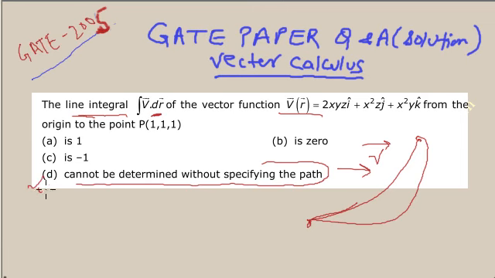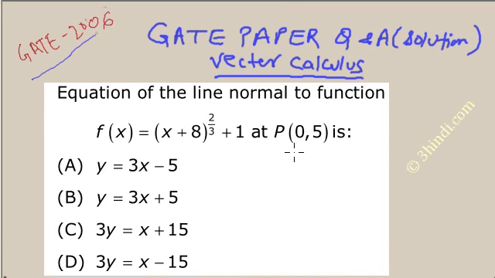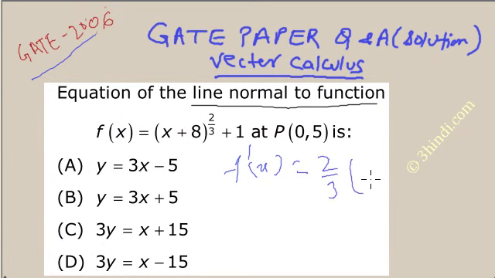So D is the correct answer. This is a GATE 2006 question. You are required to find the line normal to the function. So how can you find this? f dash x is equal to 2 by 3 into (x plus 8) to the power 2 by 3 minus 1.